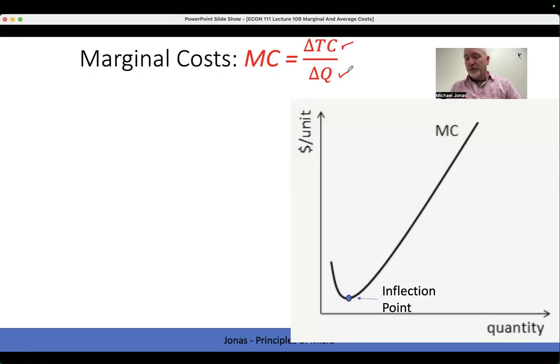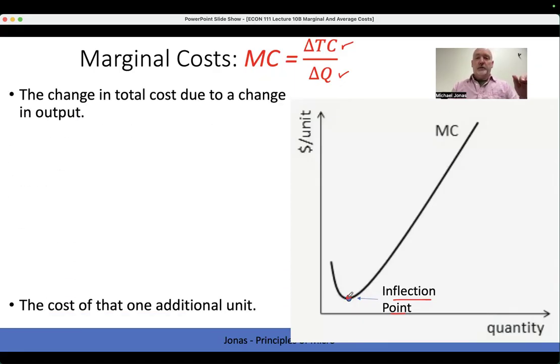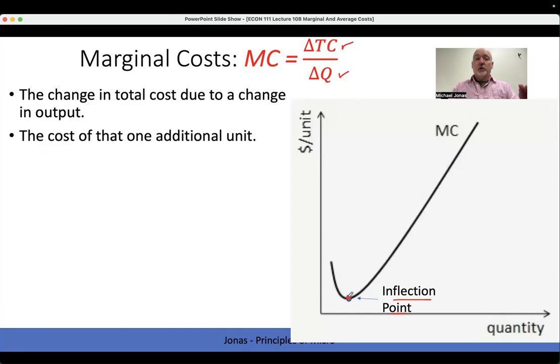Again, spoiler alert on the slide, we see that it's going to have this check-shaped function, and we can actually identify the inflection point as the bottom of that little check in this case. So the really short answer as to why this function looks the way it does, the cost per additional unit comes down, hits a minimum, and then jumps back up, is it's exactly the mirror image of that marginal product of labor function. We can also remember that it is the slope of the total cost function.